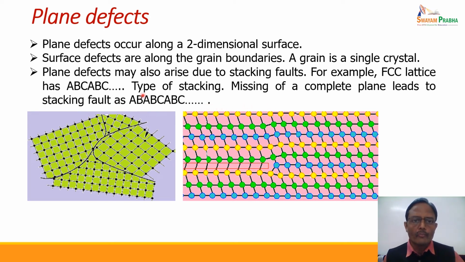This C array is completely missing from its position. So this is called a stacking defect. Observe this structure carefully. This is the A array, this is the B array, this is the C array, and then there should have been a complete A array, but this array is missing over an entire line. So this is called a plane defect, where the entire two-dimensional plane is missing from its position.